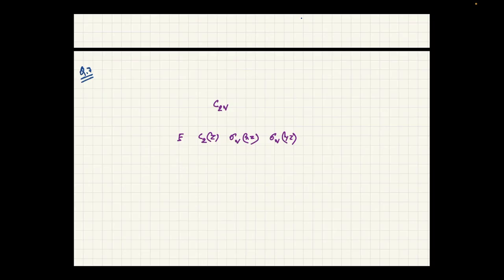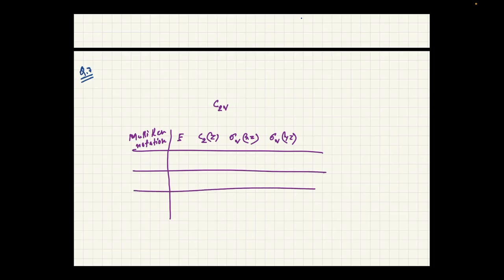Now the characters are also given. Now here this is Mulliken notation. So 4 different classes means 4 different irreducible representations.